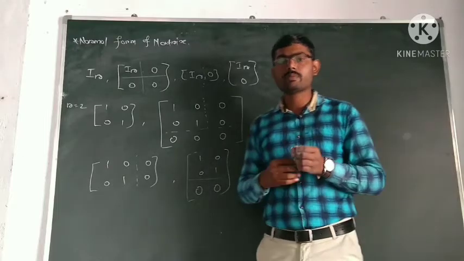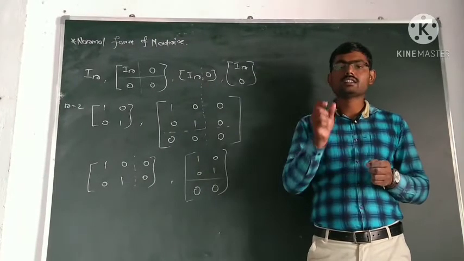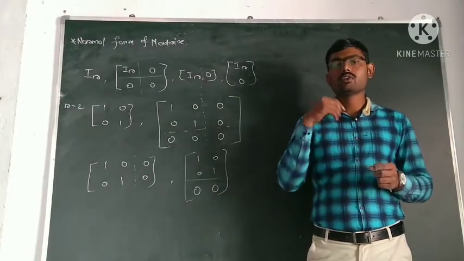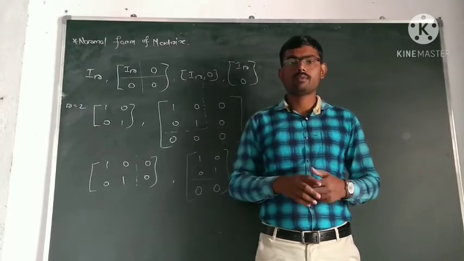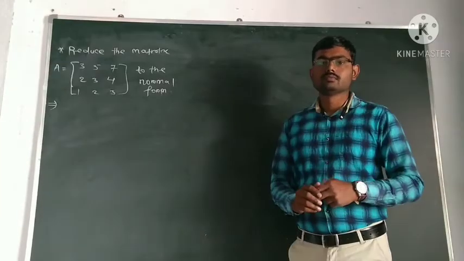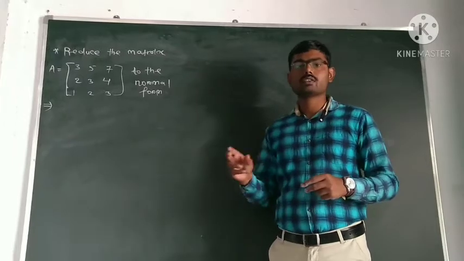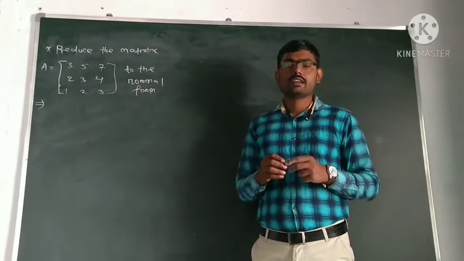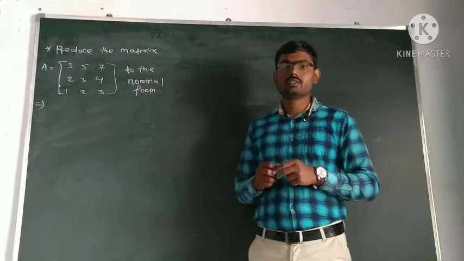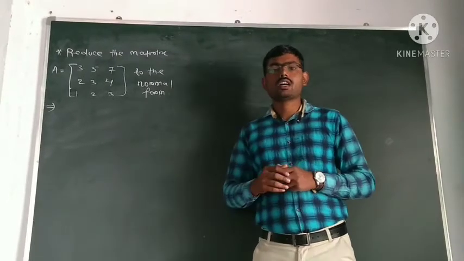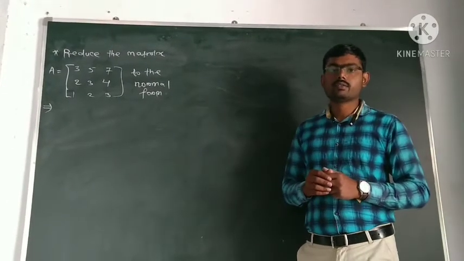We will take one example, and you will understand how we reduce a matrix to normal form. Now this topic of normal form of a matrix is, I think, new to you. This is not covered up to the 11th and 12th standard.